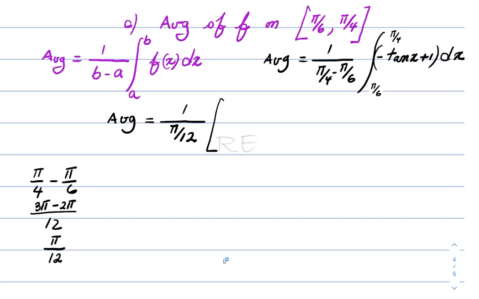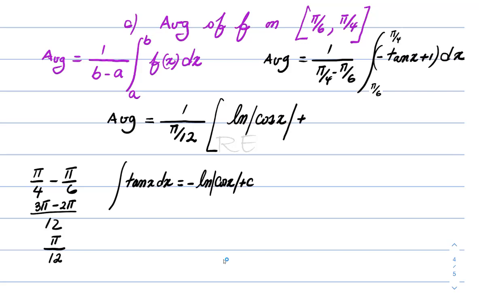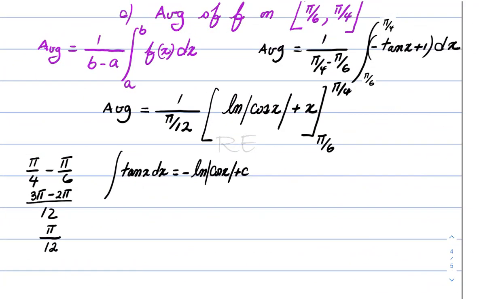And the integral of negative tan x will be positive ln absolute value of cosine x, plus the integral of 1 will be x. Remember the formula, the integral of tan x dx is equal to negative ln the absolute value of cosine x plus c. So we have a double negative, that's the reason why it's positive. And the integral of 1 is just x. And it goes from pi over 6 to pi over 4.